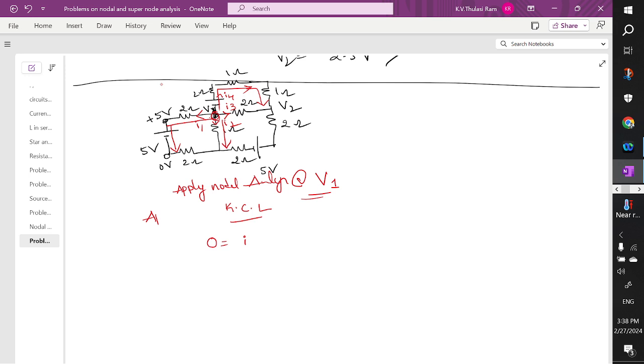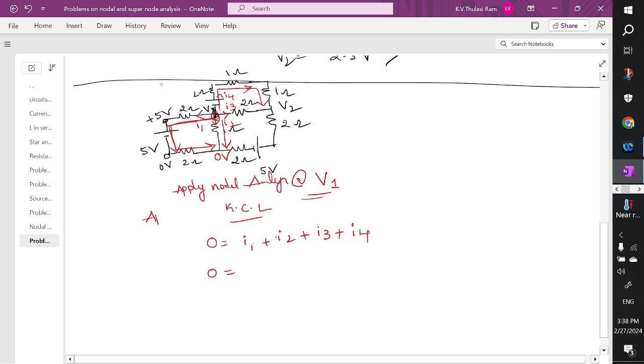This is one branch, I1. This will travel like this and close, because this will reach 0 volts. So this is I1, this is the I2 branch current, this is the I3 branch current, and the remaining one is the I4 branch current.